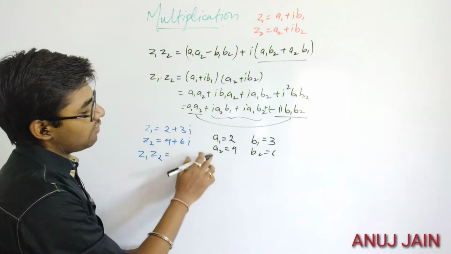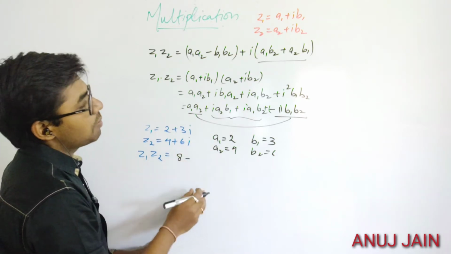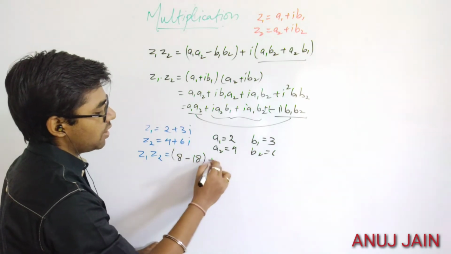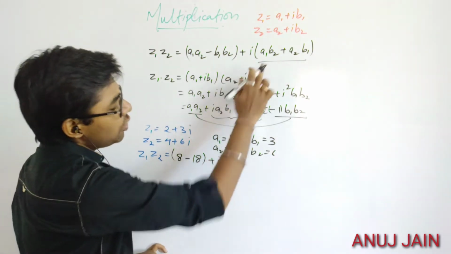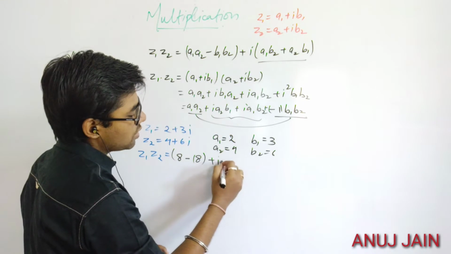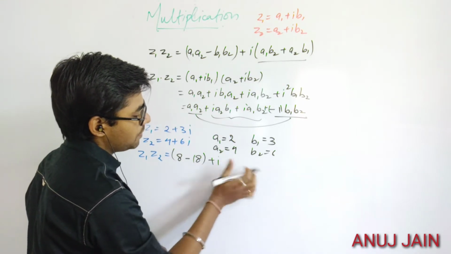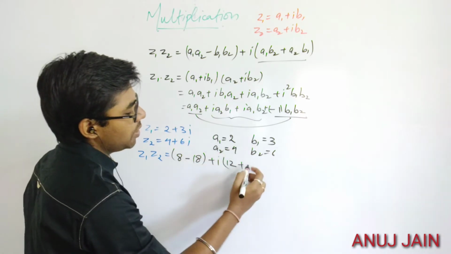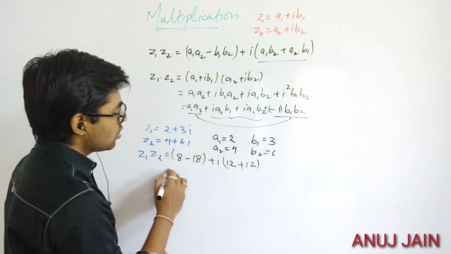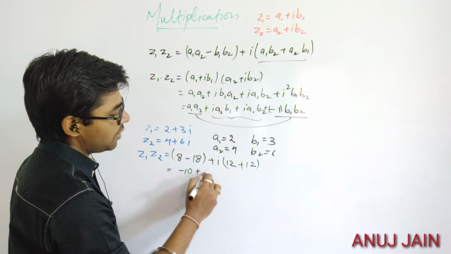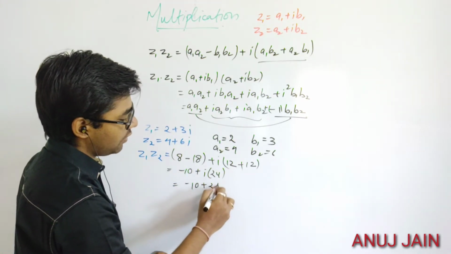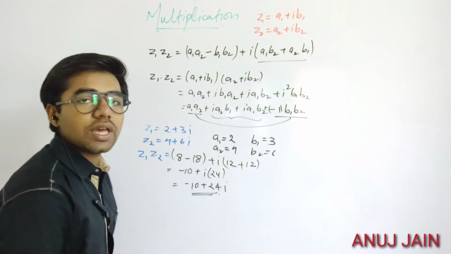A1 into A2, 8, minus B1 into B2, 3 into 6, 18, plus I times A1 into B2, 2 into 6, 12, plus A2 into B1, 4 into 3, 12. So this gives you minus 10 plus I times 24, which is minus 10 plus 24I. So this is the answer.